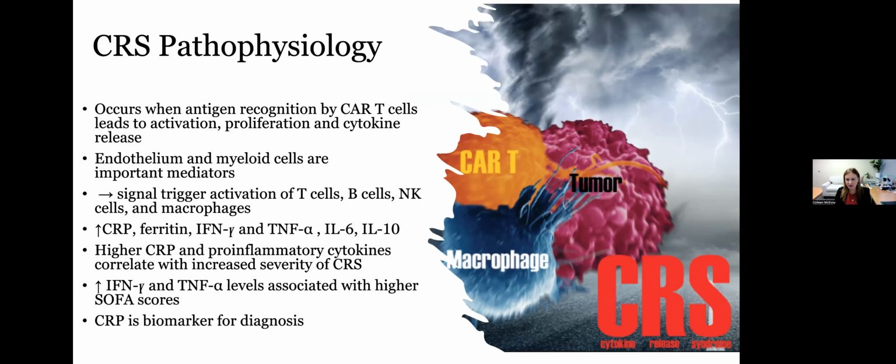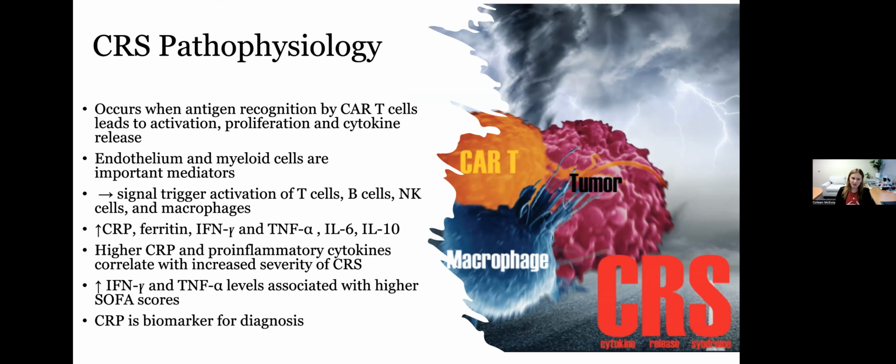So the physiology really goes back to what we were just talking about. It's all of the activation of our T, B cells, NK cells, and macrophages that causes this overall inflammatory response that leads to increased CRP and ferritin, TNF gamma, TNF alpha and interferon gamma, IL-6 and IL-10 are some of the major mediators of this response.